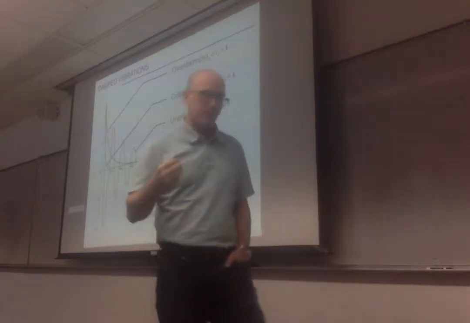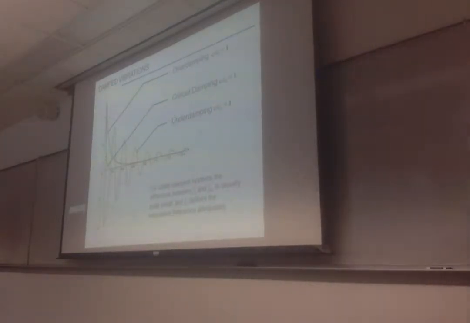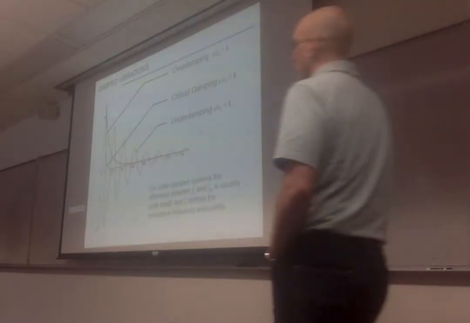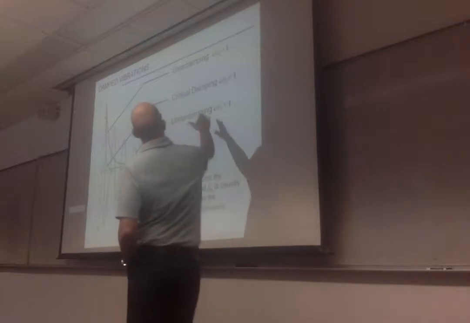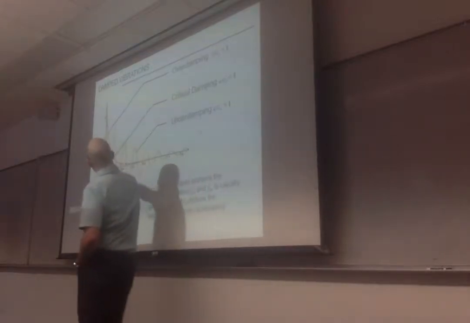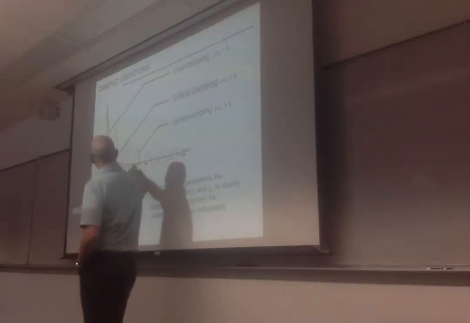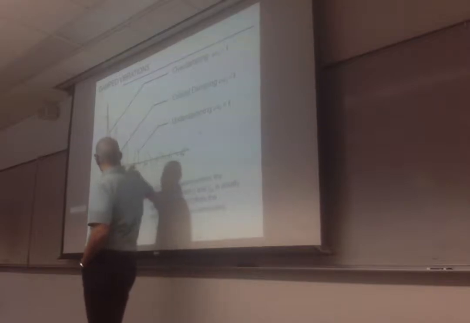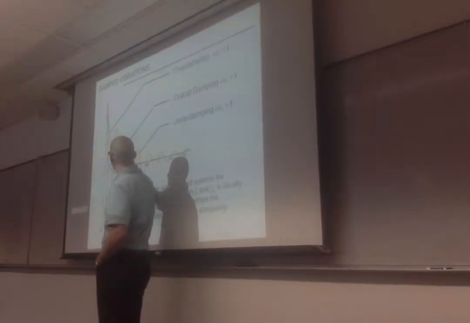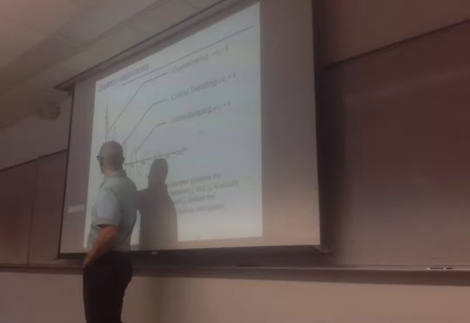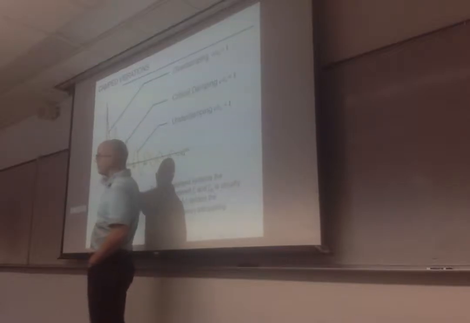In this case there's no vibration in that solution, and the system tends to go back to equilibrium over a long period of time. Critical damping is where the system goes back to its equilibrium state as fast as possible, without any vibration.